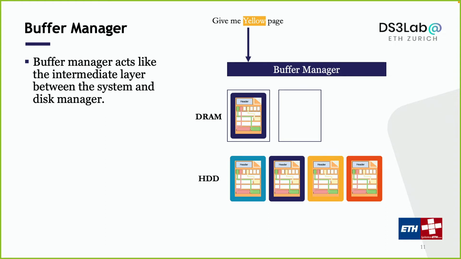Okay? If you have updates on this page, it's also going to reflect all the updates on your hard drive. It's going to evict it to make space inside your memory, and then bring this yellow page from the hard drive to DRAM and serve it. So it's as simple as that. This is a functionality that we want to provide.